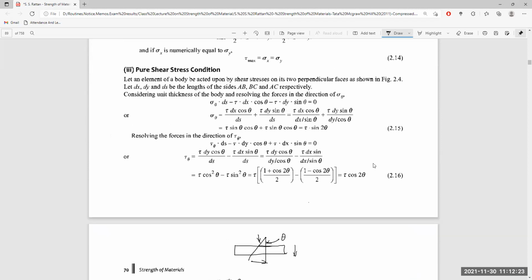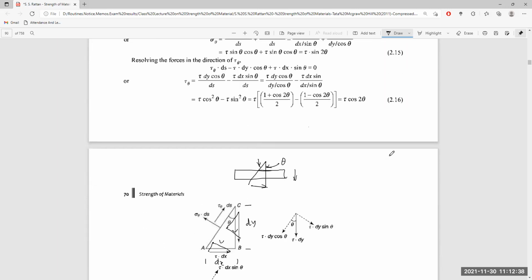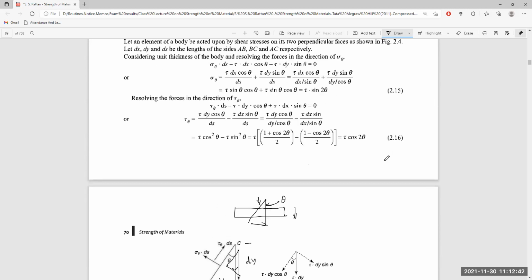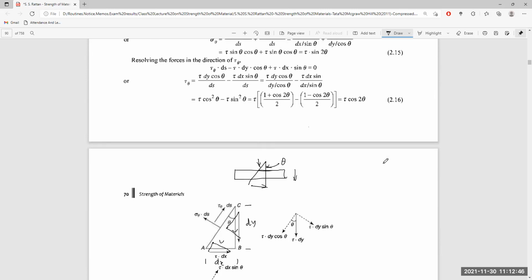Thus, considering the unit thickness and resolving the forces in the directions of sigma theta and tau theta: sigma theta ds equals tau dx cos theta, that is, tau theta ds, tau dx cos theta.